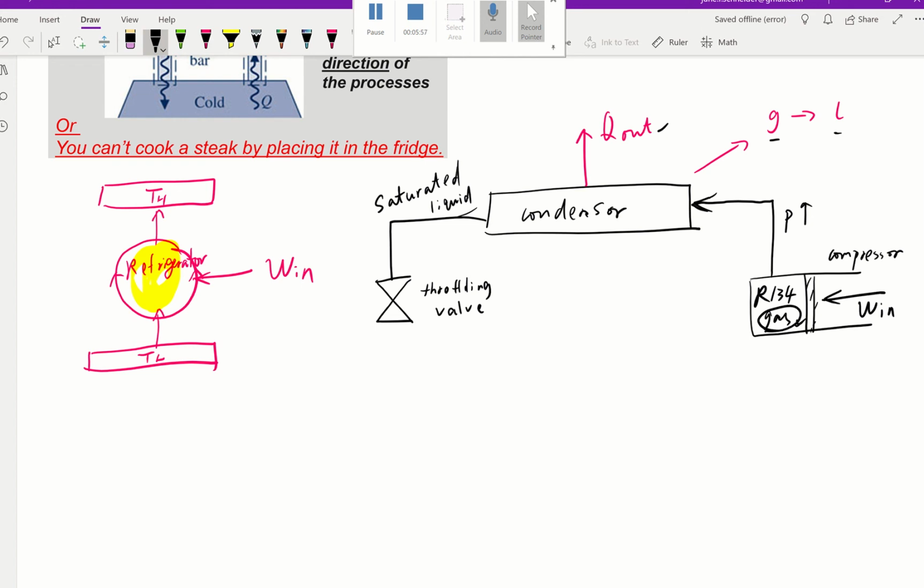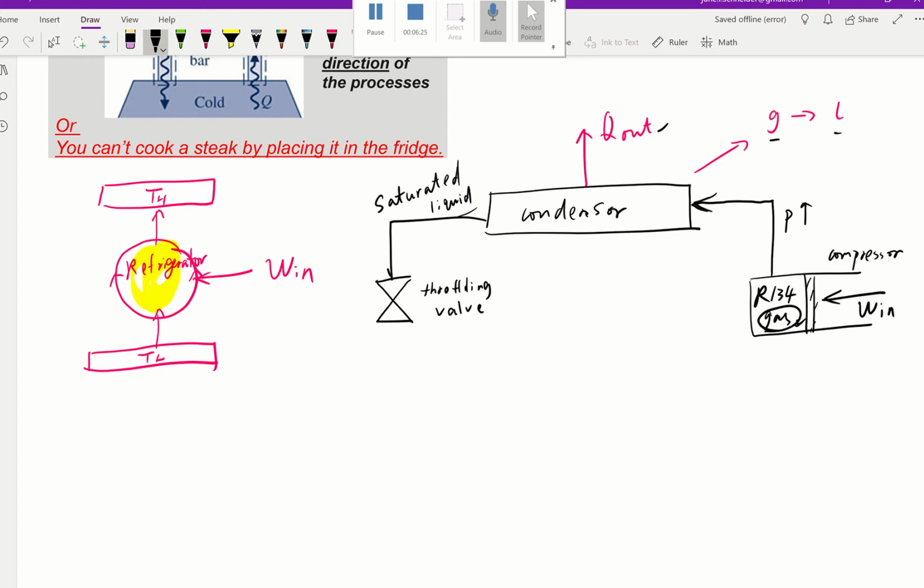It has a porous plug or adjustable valve in the middle. It restricts the flow and reduces the pressure. However, the magic thing that happens is that accompanying the pressure drop, the temperature drops tremendously. There was an example in the earlier video showing how much the temperature drops when passing through a throttling device.